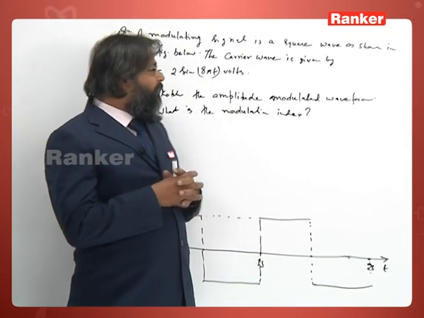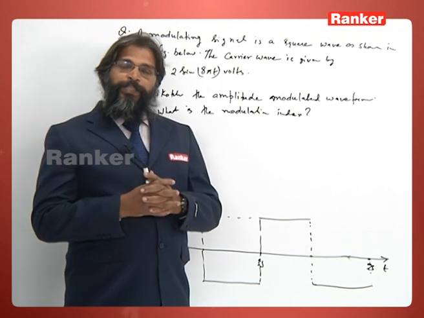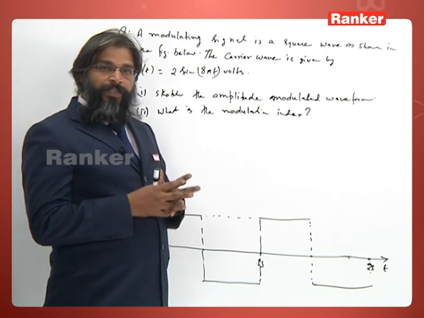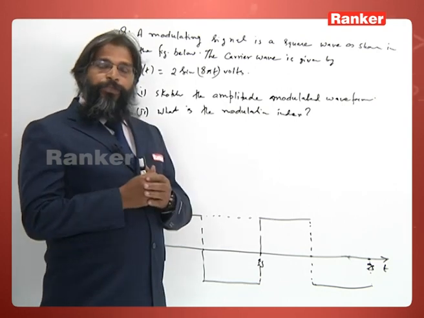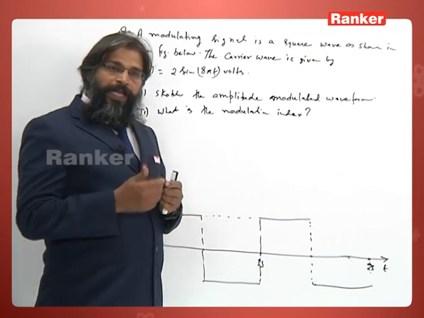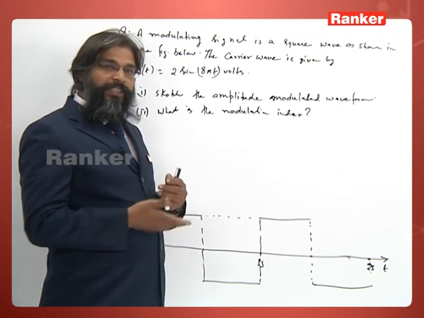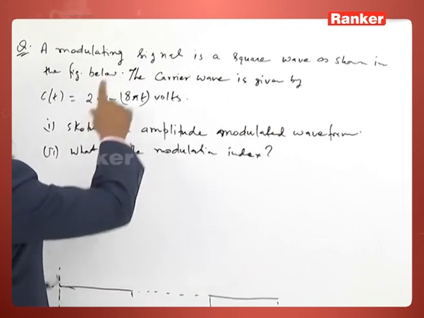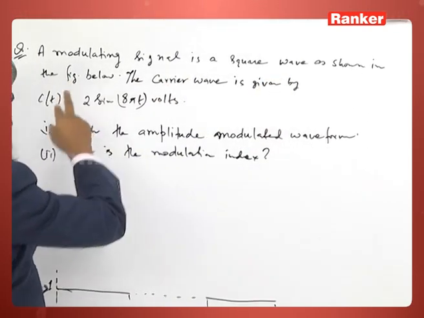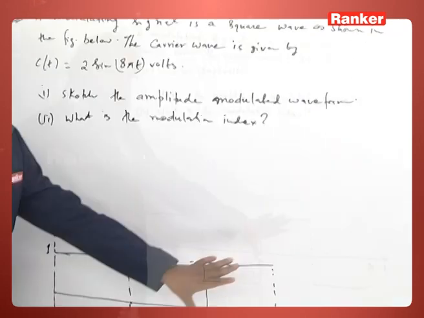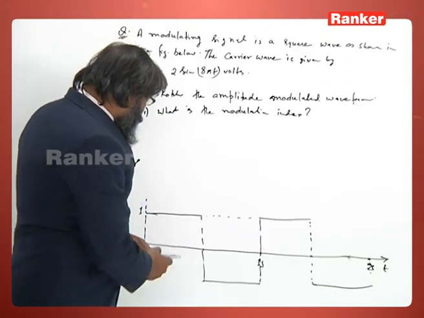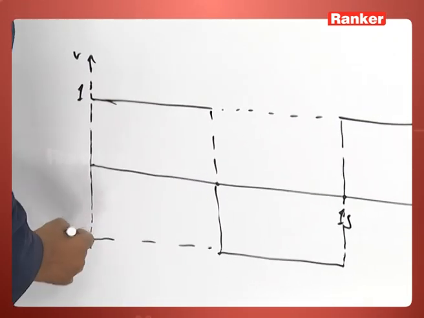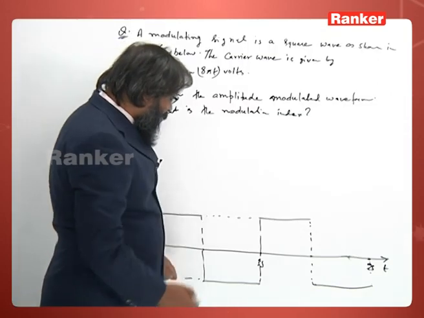So now let us take one more example of amplitude modulation, where the modulating signal is a digital signal. You see, in amplitude modulation, the signal wave can be an analog or a digital signal. Here the modulating signal is a square wave as shown in the figure below. The voltage is plotted, and it varies from 1 to minus 1, shown up to 2 seconds.